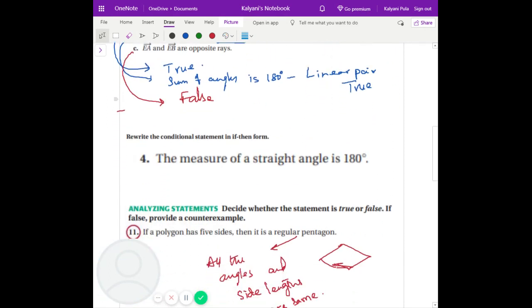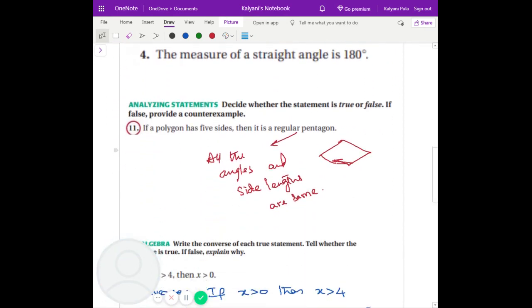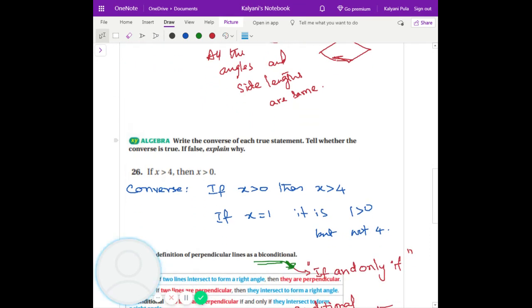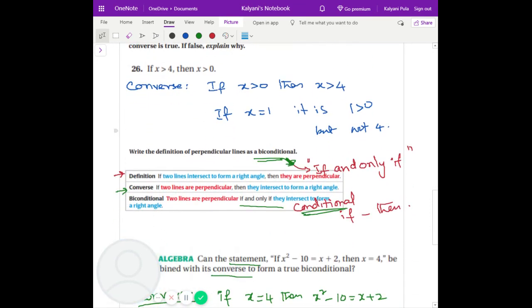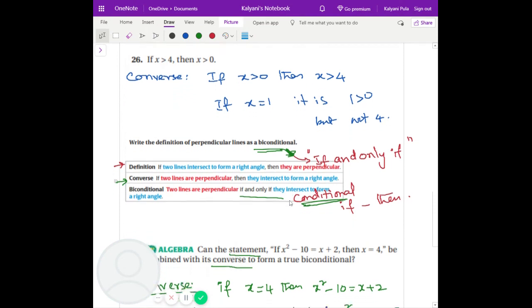We also learned about the counterexample, which is a really important thing to remember. And we did the biconditional statements: if and only if.